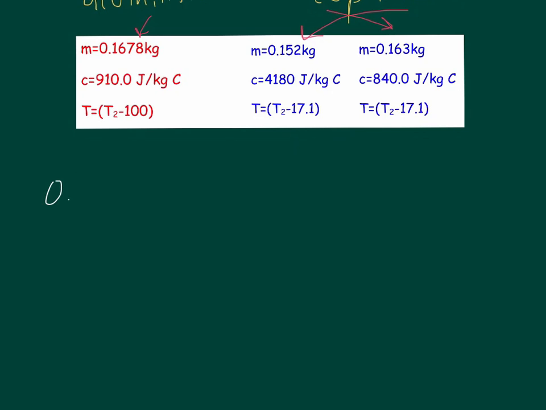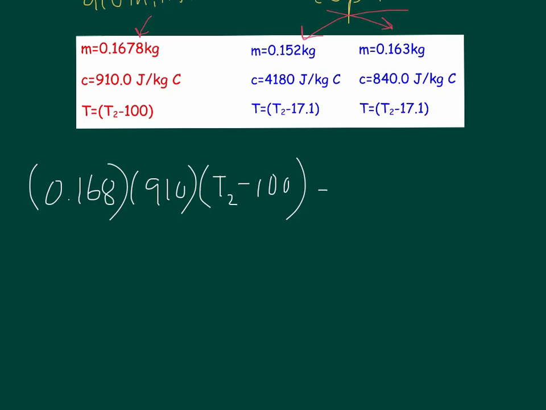So for the aluminum, and because we have all of our listed units, I'm just going to drop them for now, just to save some room. So there's our heat lost, and then gained on the other side, and I'm going to put a negative with a great big parentheses so that we remember to do both of these terms.